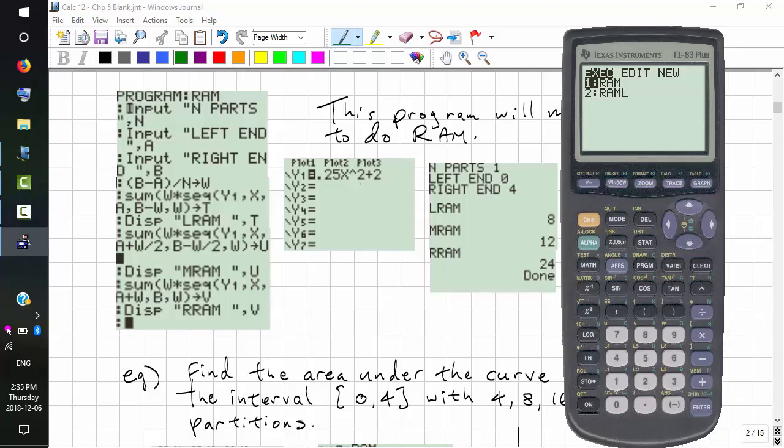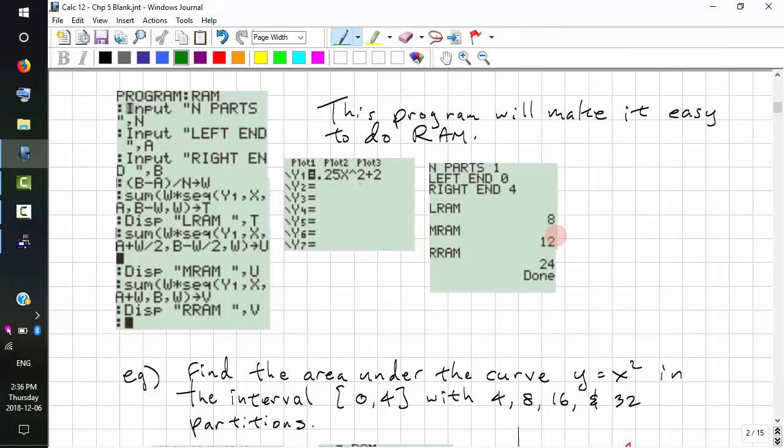Press execute, and press execute again. We only have one partition, and we're starting at 0, and we're ending at 4. And that's our results. Our results came out exactly the same. LRAM was 8, MRAM was 12, and RRAM was 24.